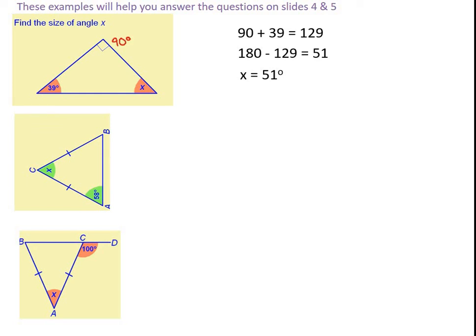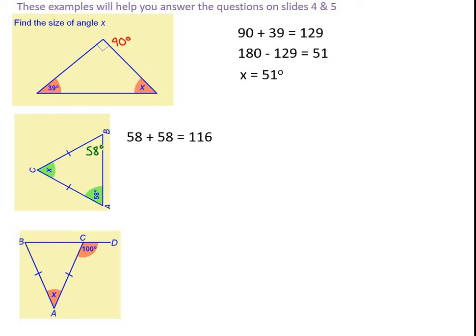Sometimes you are asked to give reasons for your answers. So for the next two questions, I'm also going to write down the reason for my workings out. This second triangle is isosceles, but it's turned on its side. Remember, it's the angles beneath these two dashes that are the same. So this angle here is 58 degrees because base angles on an isosceles triangle are equal.